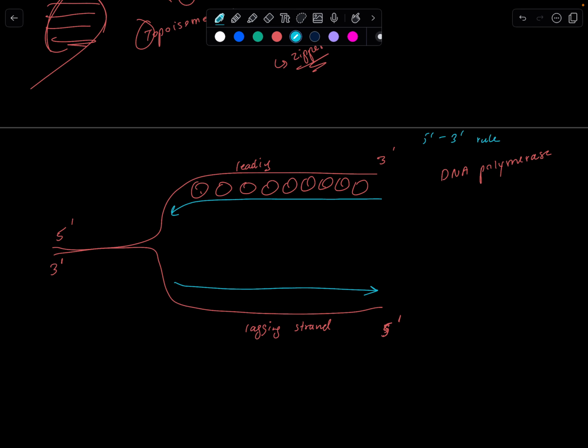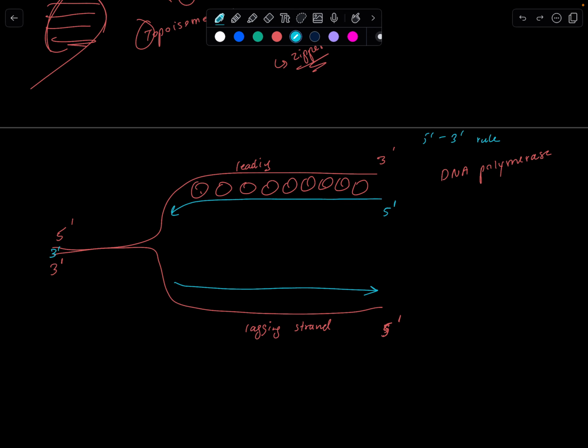Well, the rule is about the direction in which you are adding the new base pairs, which is anti-parallel again. So 3' is going to pair with 5', and 5' is going to pair with 3'. So it's being read 5' to 3' in the direction of the new strand.